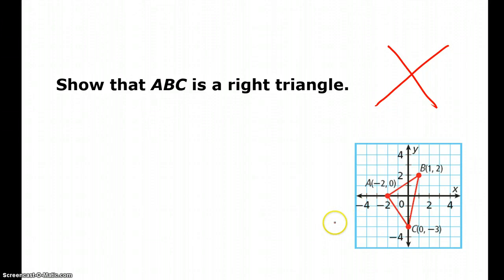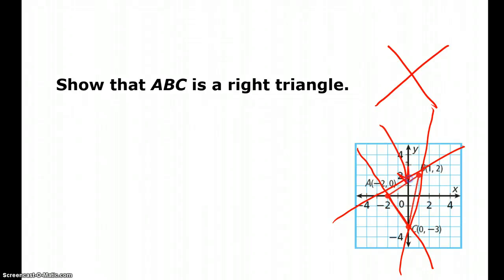So if we check the slope of each of these lines right here, a couple of them better have perpendicular slope, or it's not a right angle. So let's check the slope of this one. That one looks like it is up 2 and over 3, so up 2 and over 3.